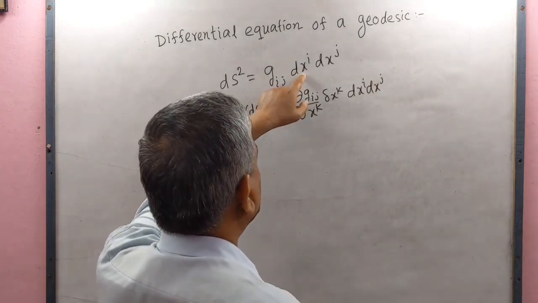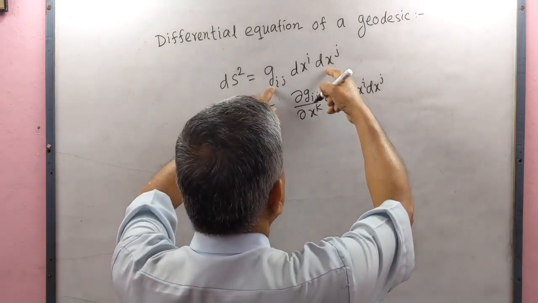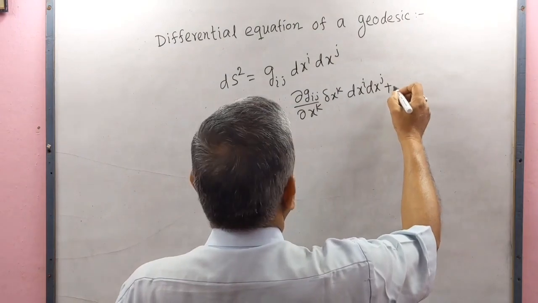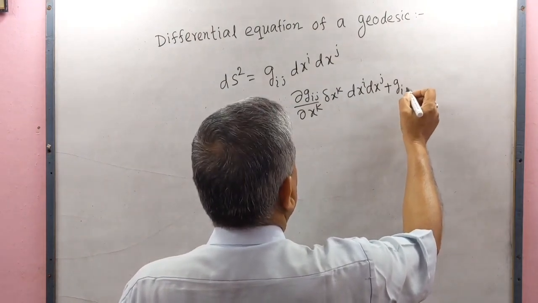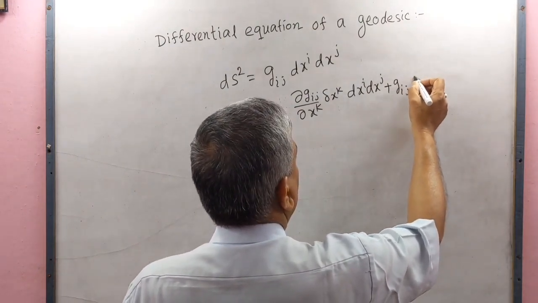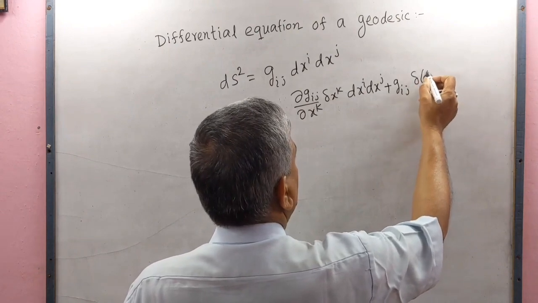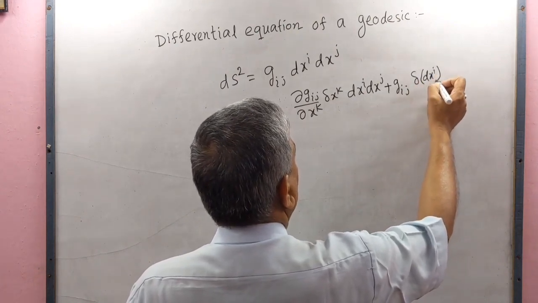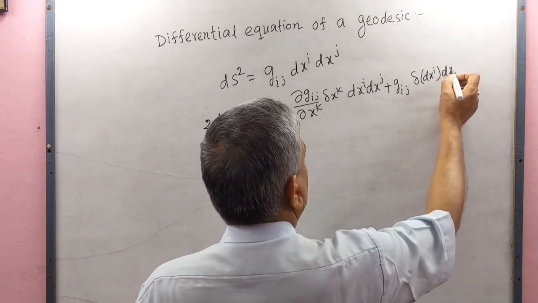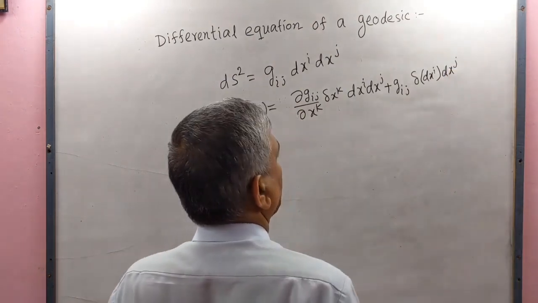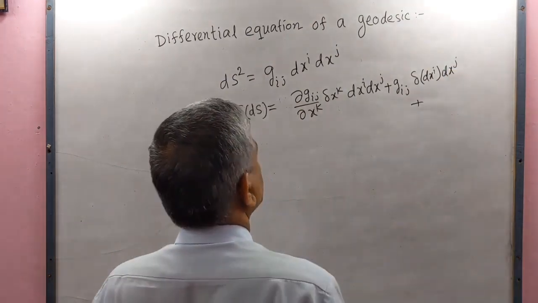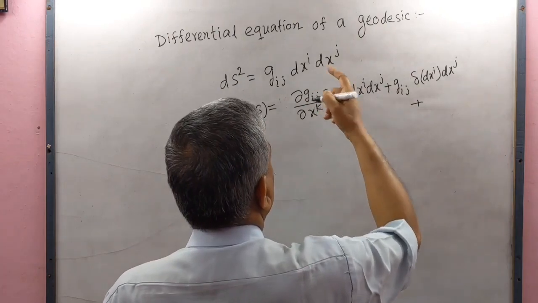Now we differentiate this. Other two remain same. Plus gij delta dxi dxj, plus, we take differentiation of this.